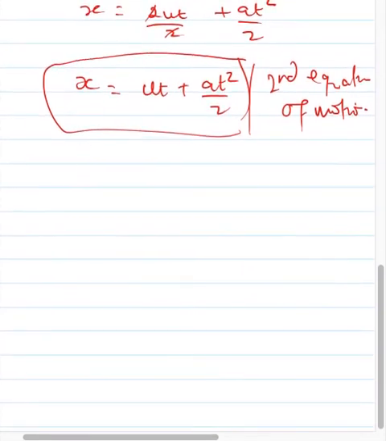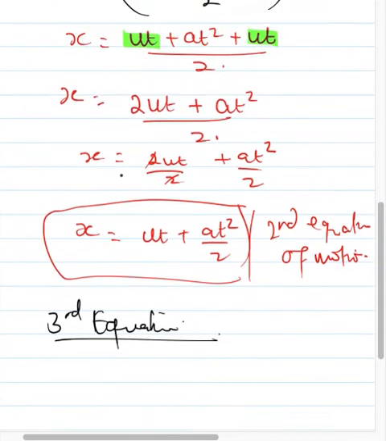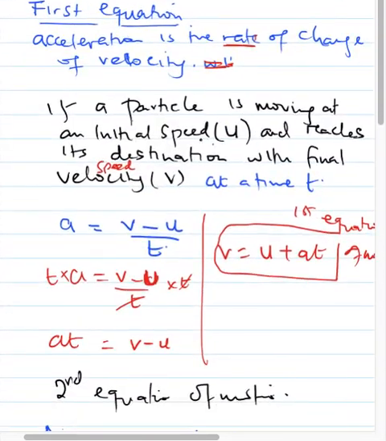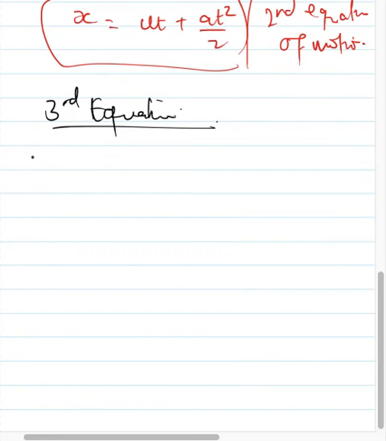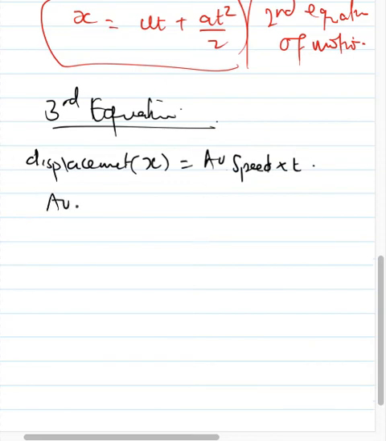Let's talk about the third equation. Like we said, there are 3. The third equation takes into consideration our assumption that we wrote in the beginning, that initial speed is u, final speed or velocity is v, and the time taken for the whole journey is t. We already know that displacement x is average speed times time, and that average speed is u plus v over 2.